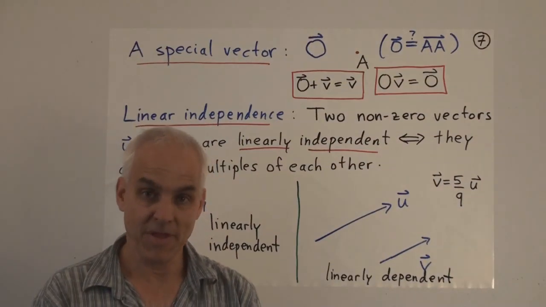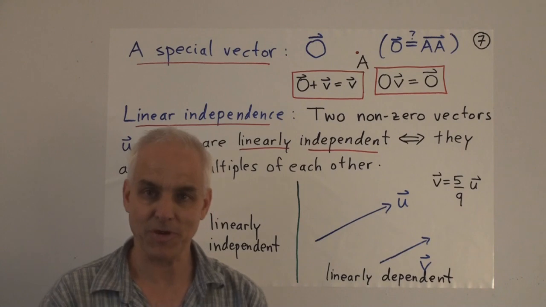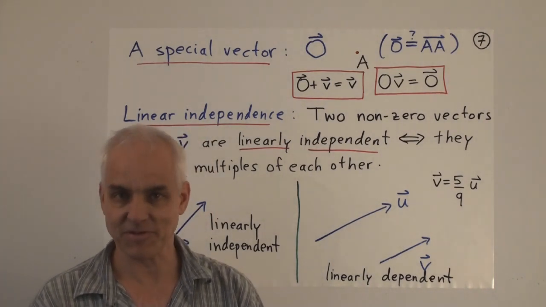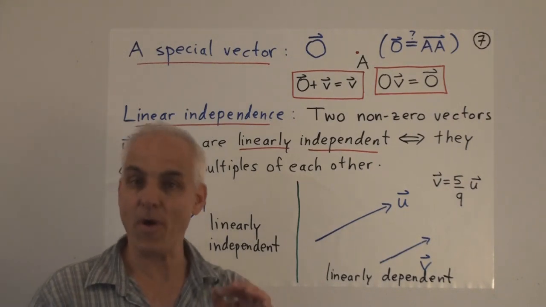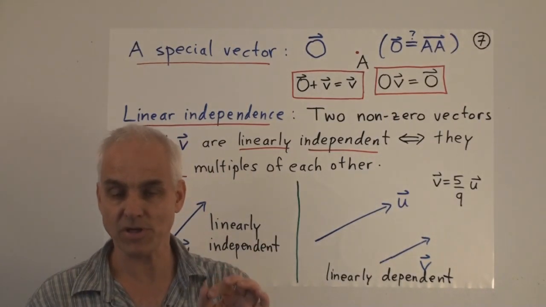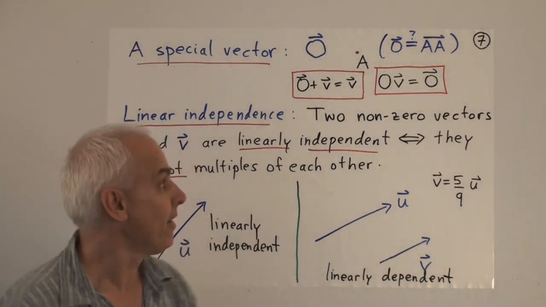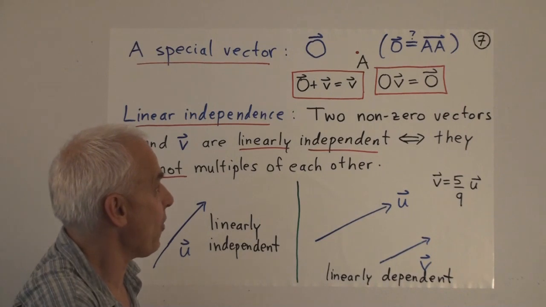It's worth pointing out that there is a very special vector in linear algebra, which is perhaps the simplest vector. It's the 0 vector, the vector that doesn't go anywhere, whose starting point and whose end point are the same. So it's a little bit hard to draw it because it's so small it doesn't really go anywhere.